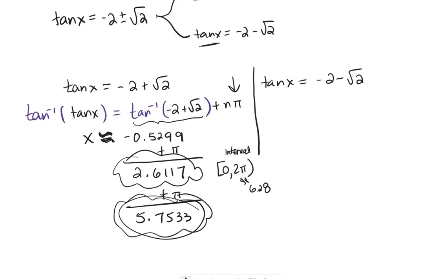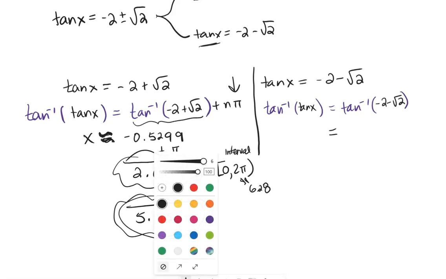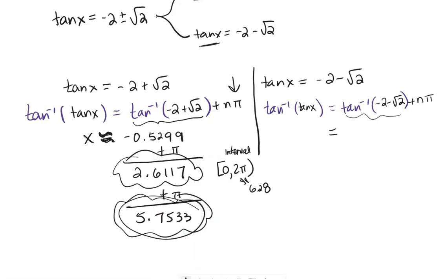Now let's go to the other side. We do the inverse tangent of tan x and -2 minus square root of 2. Again, the general solution would be this plus n pi. However, they want us to use the quadratic formula to find all the solutions within the interval 0 to 2 pi.